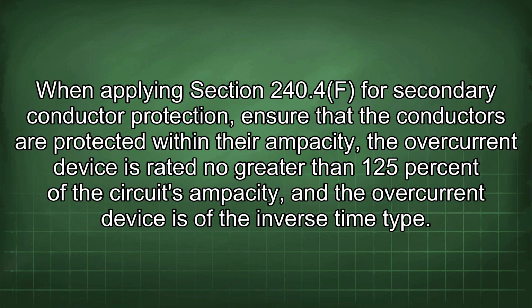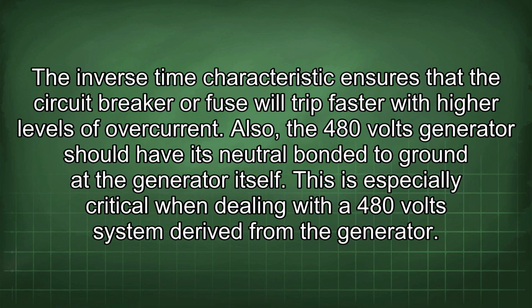When applying section 240.4(F) for secondary conductor protection, ensure that the conductors are protected within their ampacity, the overcurrent device is rated no greater than 125% of the circuit's ampacity, and the overcurrent device is of the inverse time type. The inverse time characteristic ensures that the circuit breaker or fuse will trip faster with higher levels of overcurrent.